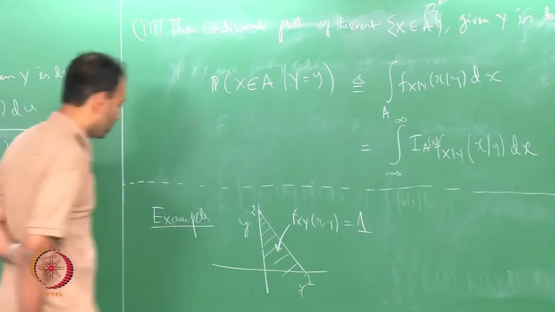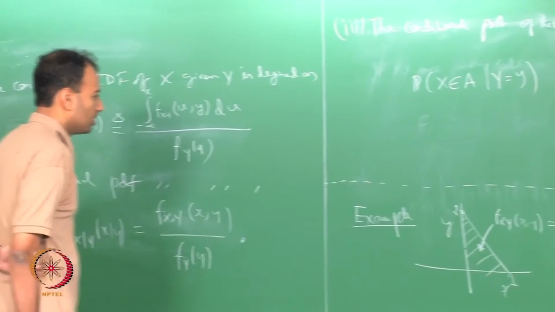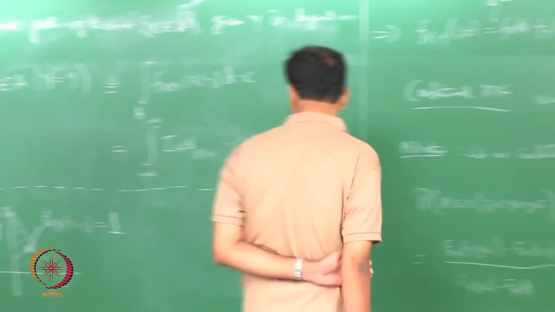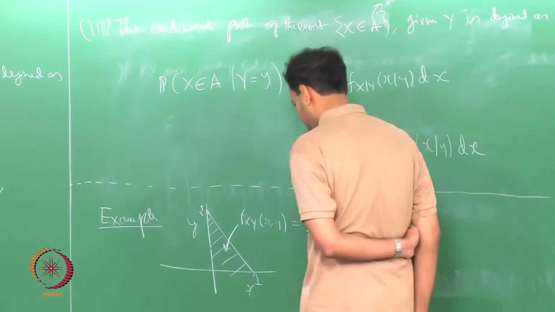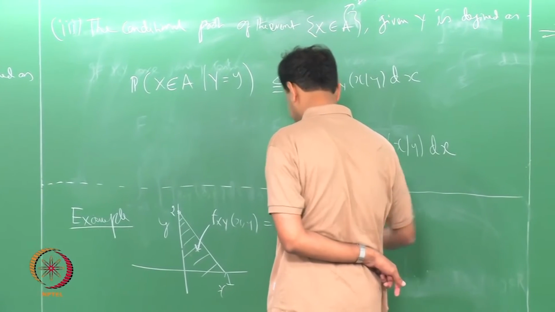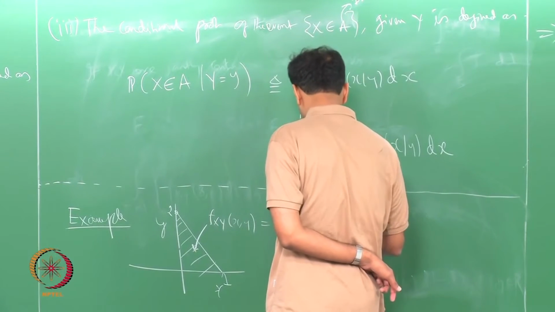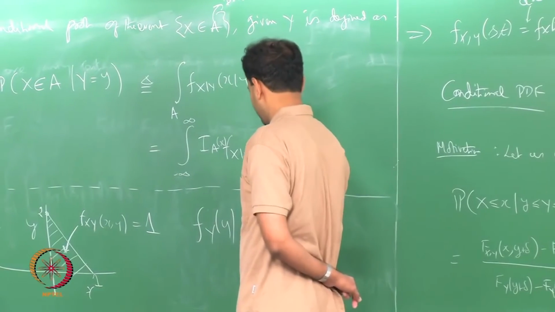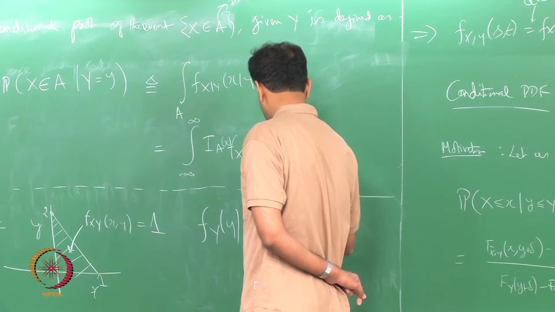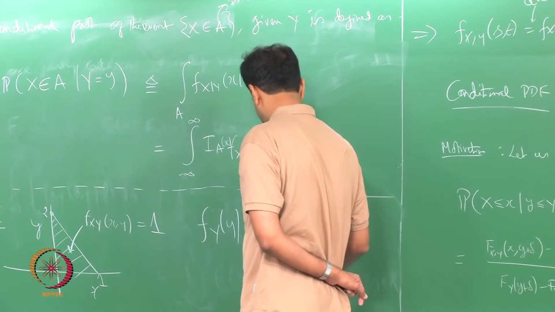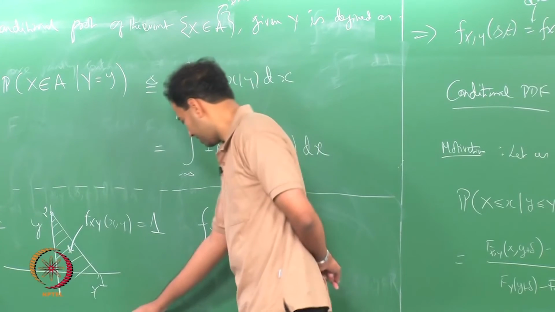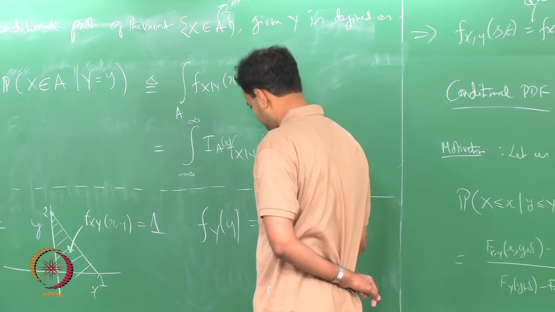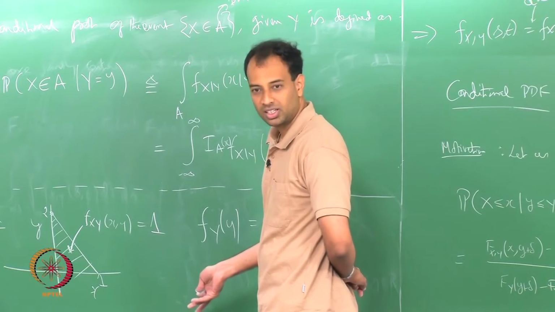Okay. Now, I want to obtain the marginal of x, marginal of y and conditionals. Okay. So, if you want to get f y of y, f y of y will be the integral of f x y of x y, which is simply 1, and you have to integrate with respect to the other variable which is x, right.